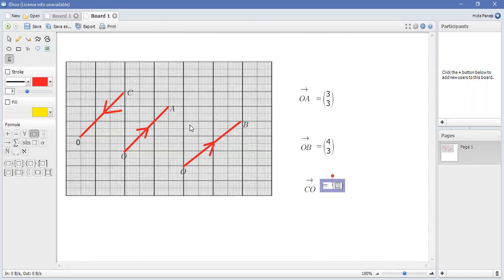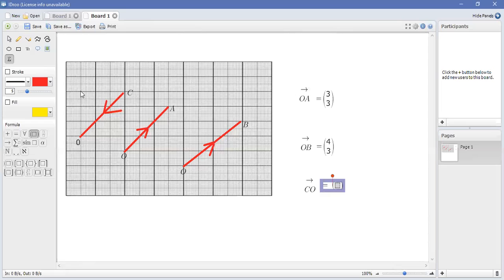Now let's check it. So from here to here is 1, 2, 3. If we count horizontal first, we start from here: 1, then 2, then 3.